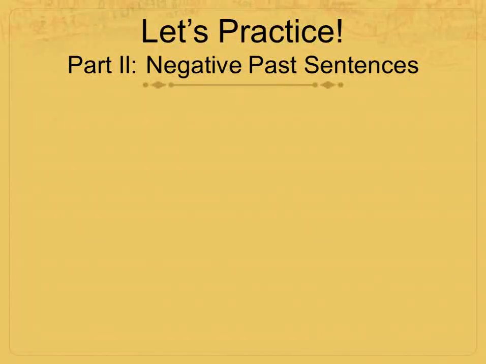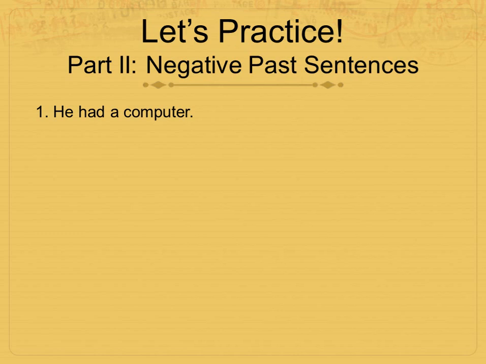Okay, let's go on to the negative sentences. So what we're going to do here is change this sentence from positive to negative. Okay, so number one, he had a computer. So we want to make it like no, right? So no, he didn't have a computer.